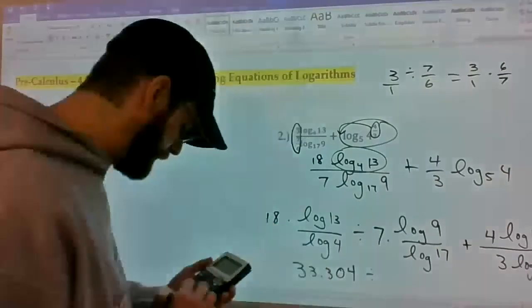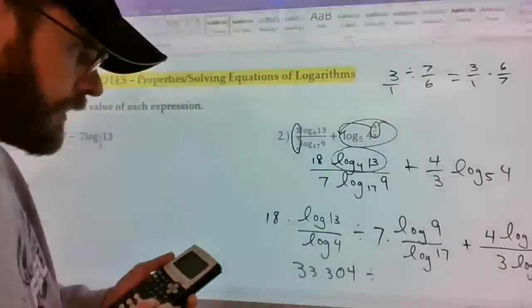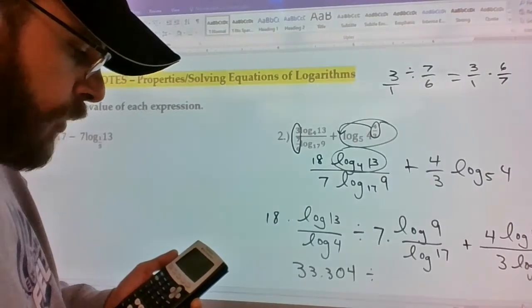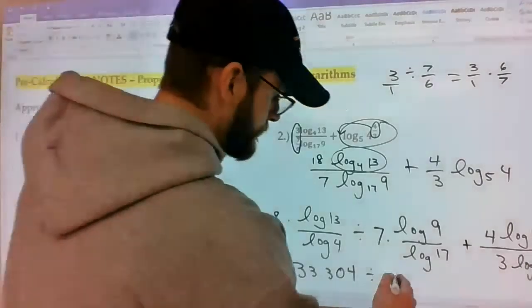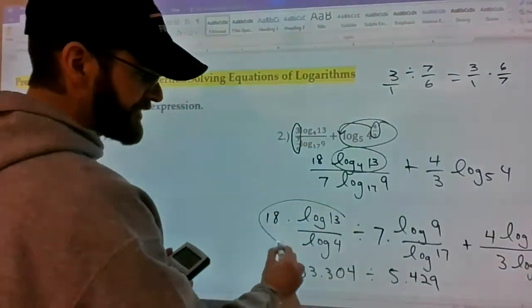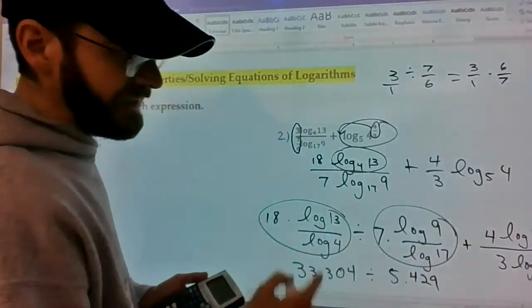Second part, we get 5.429. So we figured this out, checked it off the list. Figured this out, checked it off the list.